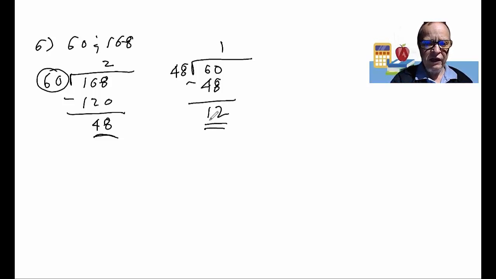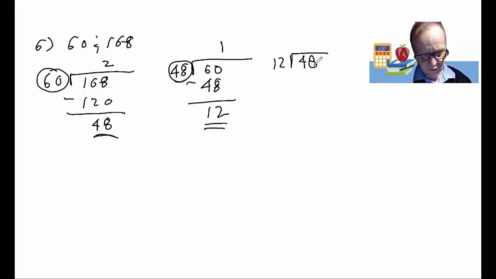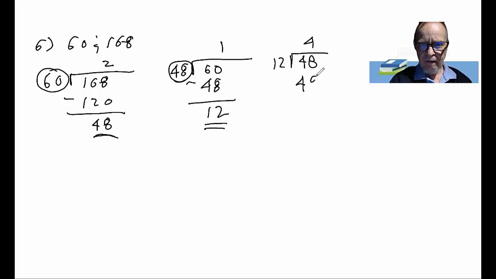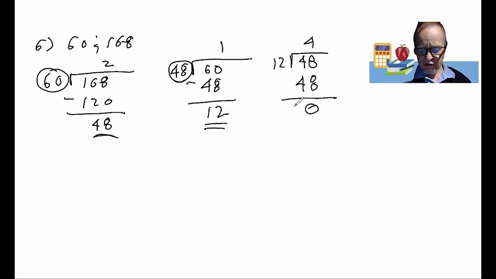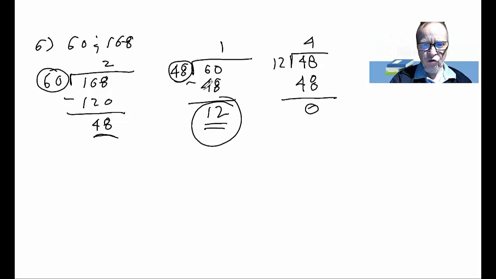So we go through the same process, but this time we have 12 as our remainder, and 48 was our previous divisor. So 12 goes into 48 4 times, and 4 times 12 is 48, so we end up with 0. This means that our last positive remainder is our greatest common factor.